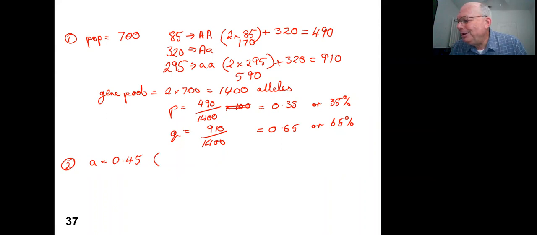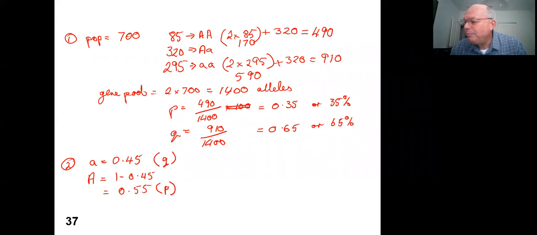And that's actually our value for Q. So big A equals 1 minus 0.45, which equals 0.55. That's our value for P.